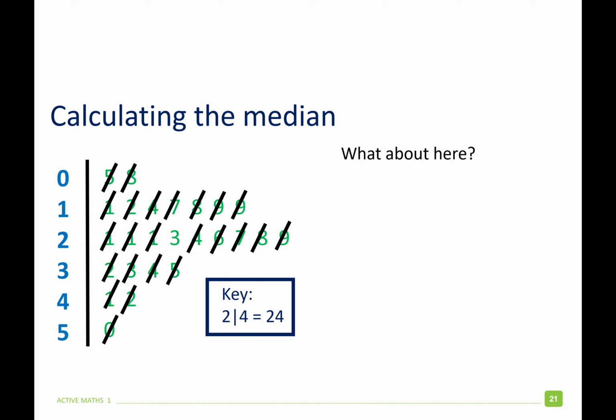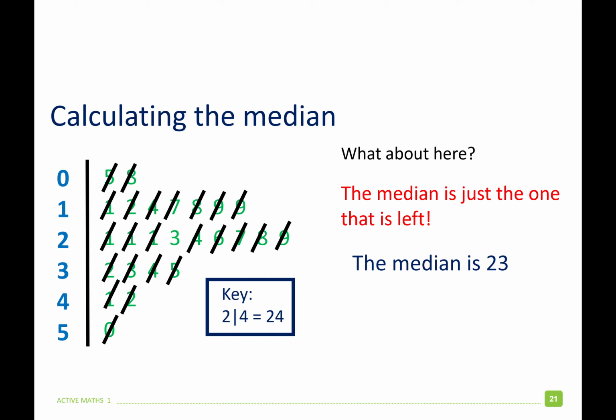In this case, we have 1 value left. The median is the 1 value that remains. In this case, our median is 2 line 3, which is 23.